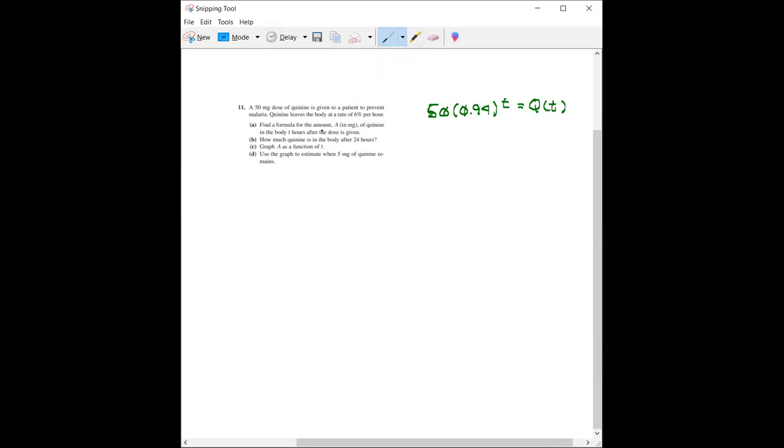So in order to find out how much quinine is left after 24 hours, we would say this is 50 times 0.94 to the 24 equal to Q of 24. So I'm going to plug that into a calculator because I can't just do that off the top of my head. 0.94 to the 24, and then multiply it by 50. And we end up with 11.325.